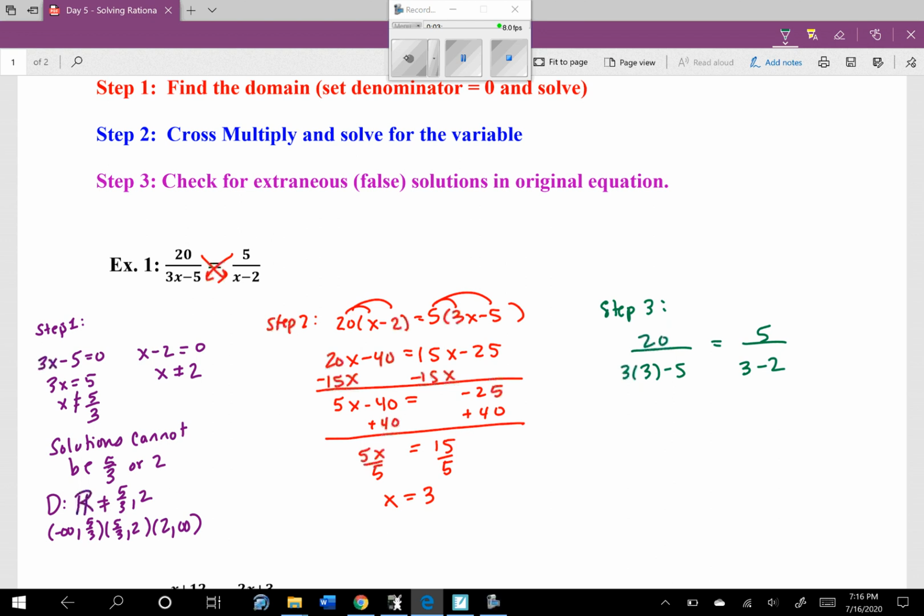So this gives us 20 over 9 minus 5, so 20 over 4, which is 5. And this gives us 5 over 3 minus 2 is 1. So 5 equals 5. It checks out. And that means x equals 3 is our solution.